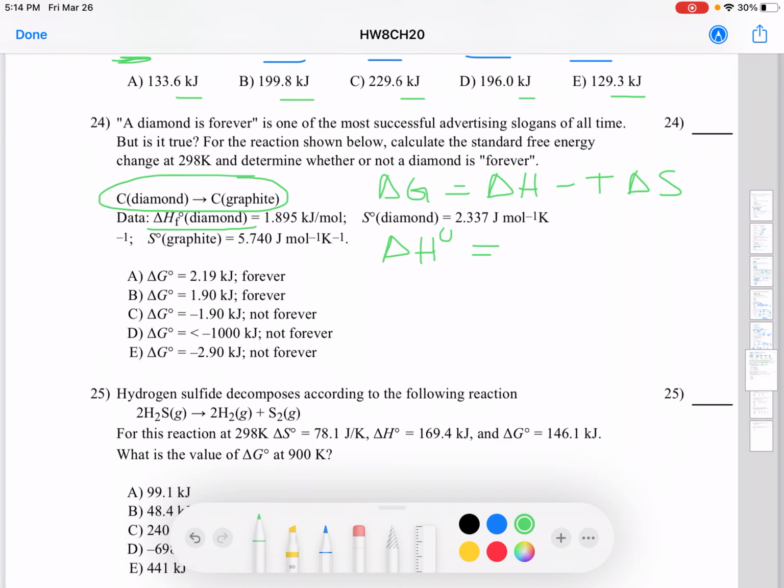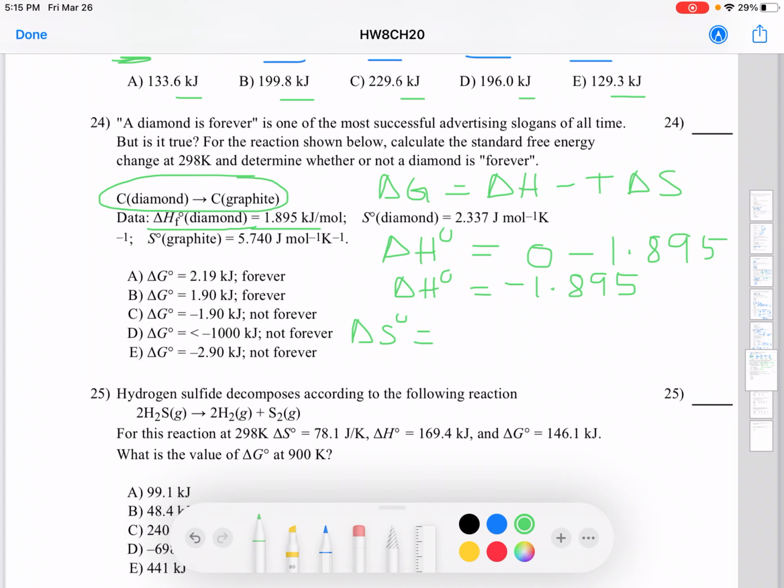Product is graphite, carbon, delta H is 0, minus diamond, delta H formation 1.895. So 0 minus 1.895, so the delta H naught would be negative 1.895.